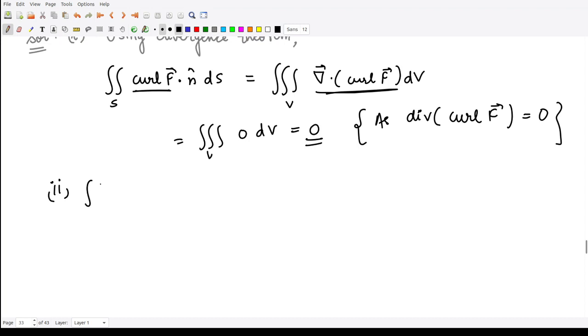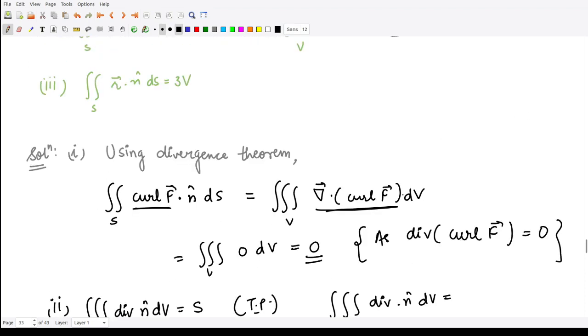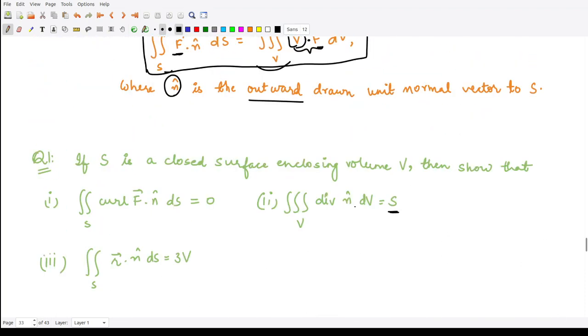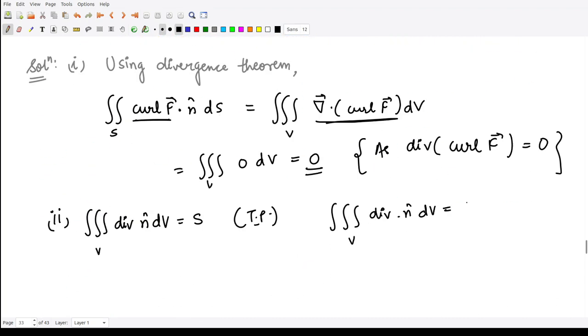We wanted to show that this triple integral of divergence of n cap dv is equal to S. If we apply the Gauss divergence theorem onto this part, it would be equal to the double integral over S of n cap dot n cap ds, because vector f here plays the role of n cap.